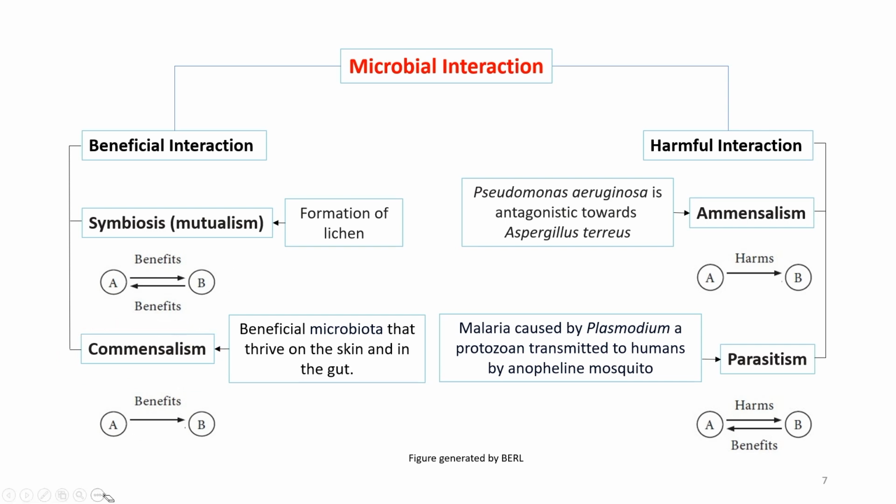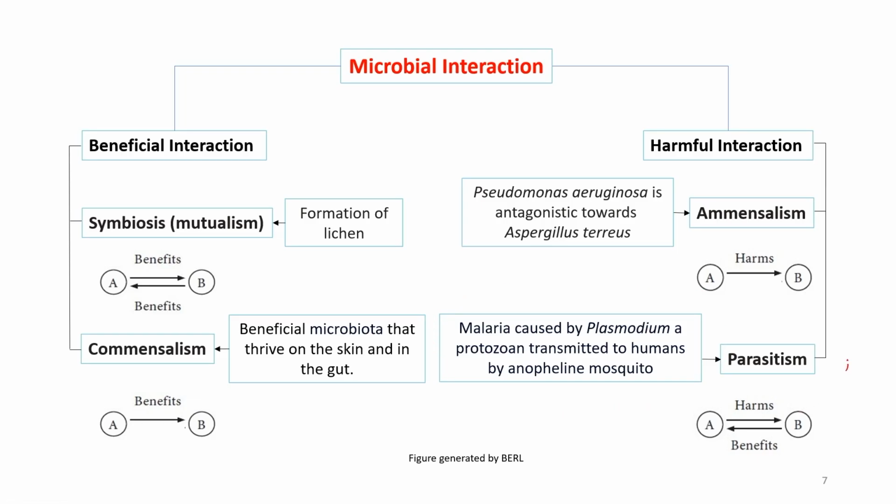We have, for example, microbiota that thrive on the skin and in the gut. They help us in many ways. Then there are harmful interactions like amensalism, where A harms B. Pseudomonas aeruginosa is antagonistic towards Aspergillus terreus, and there is parasitism, where A harms B, but B actually benefits A. So, for example, malaria is caused by Plasmodium, a protozoan transmitted to humans by the Anopheles mosquito.